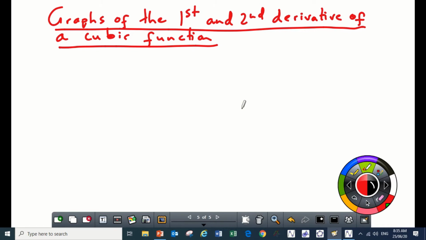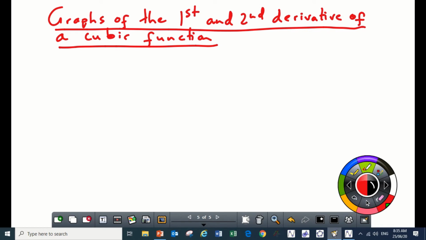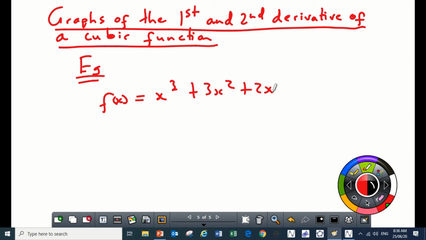So I just want you to write this down. For example, I have a function here that's x cubed plus 3x squared plus 2x. All right? So I'll just write here, e.g., f of x equal to x cubed plus 3x squared plus 2x.